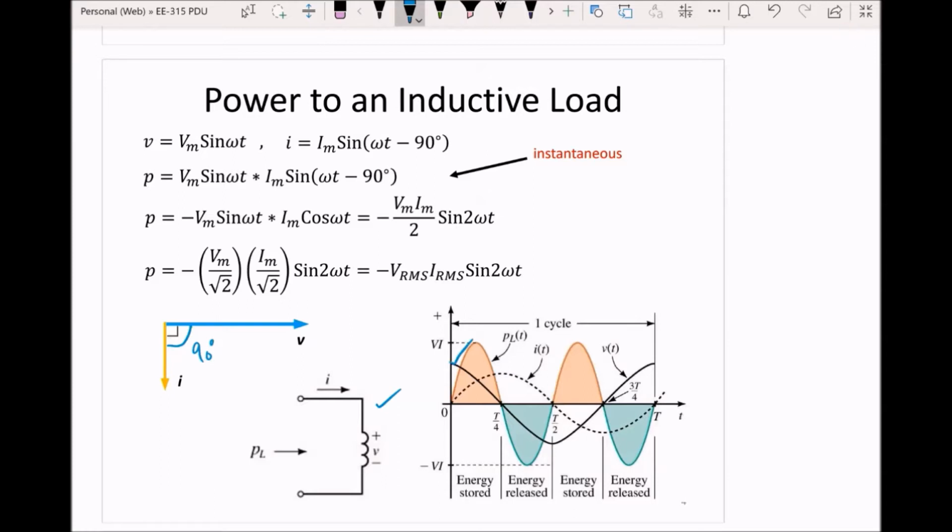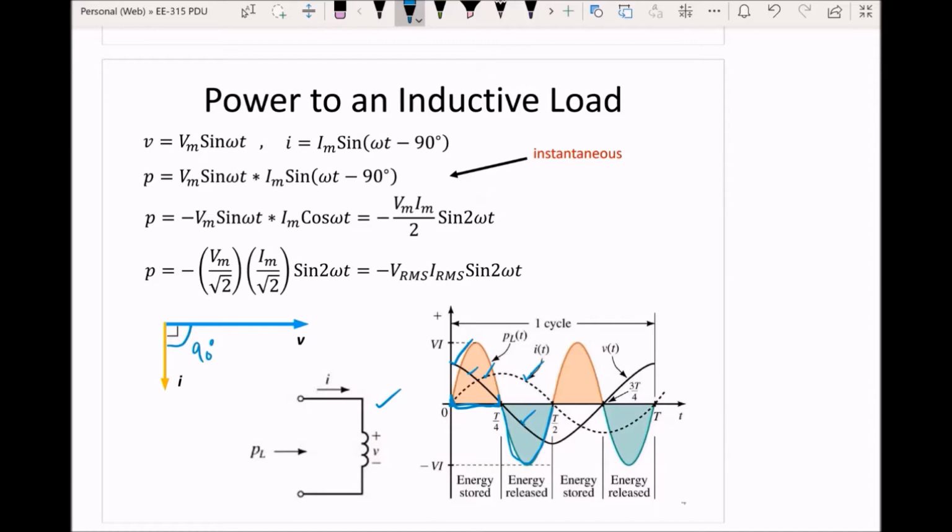Voltage starts ahead of the current, or the current is lagging, and the value of the power only stays positive for positive values of both current and voltage. So in this section we can see the power remains positive because both current and voltage are positive, and in this case current is positive but the voltage is negative, so that is why the power becomes negative.